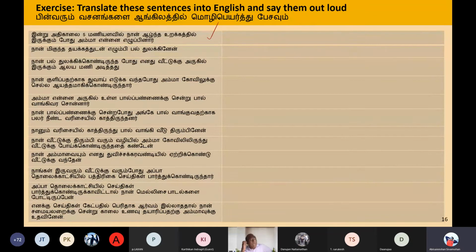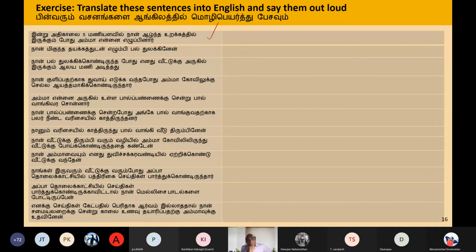Now Abhishajan, you go. While I was brushing my teeth, the bell rang from the temple near to my house. It is okay, but the order is slightly different.